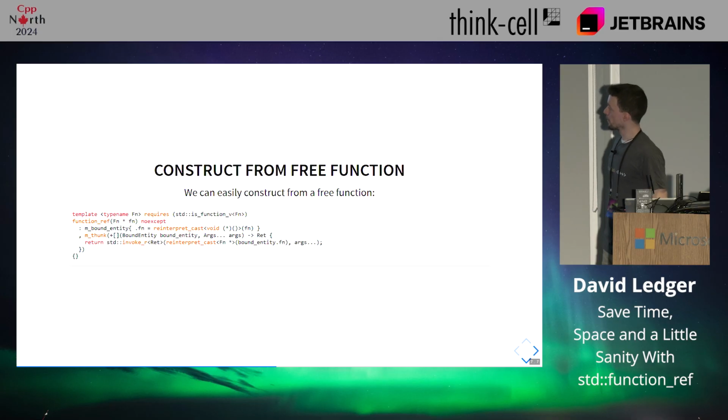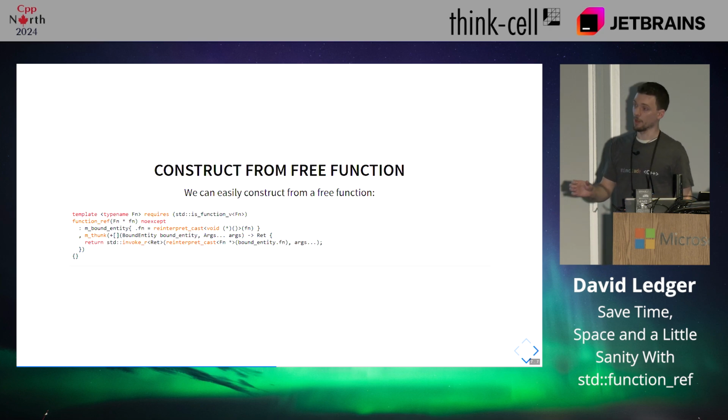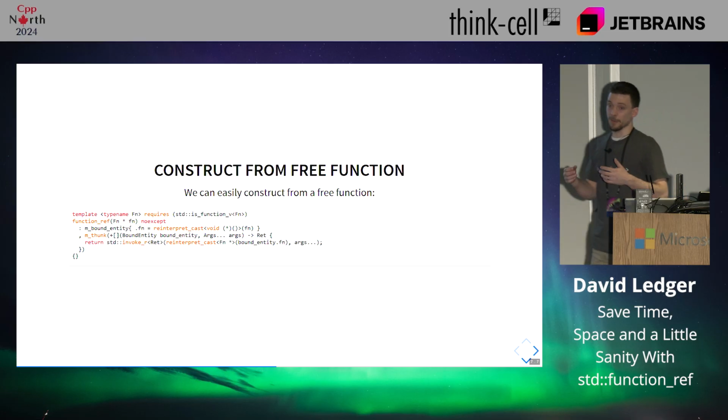The reason is because standard function ref allows convertible results. It allows convertible arguments. So we don't know the type. So we're converting it into our void function pointer, store it in the bound entity, and now we have a pointer to our free function. We now need to make a func.